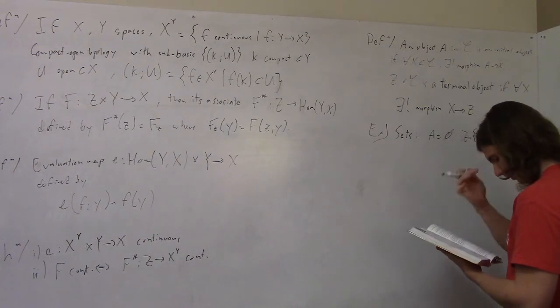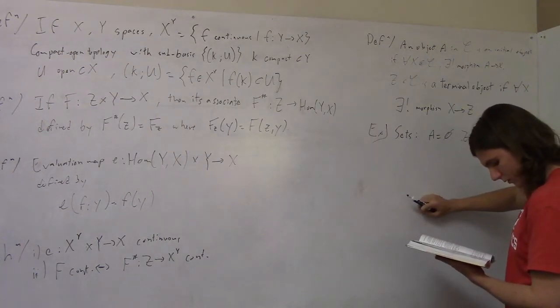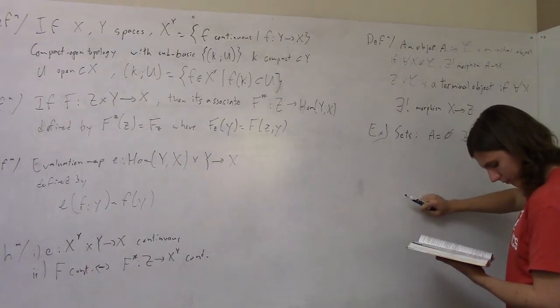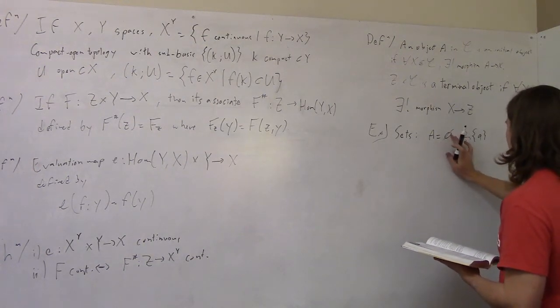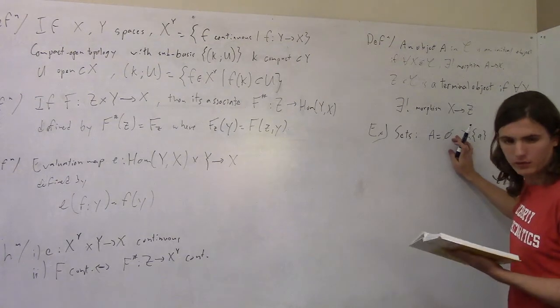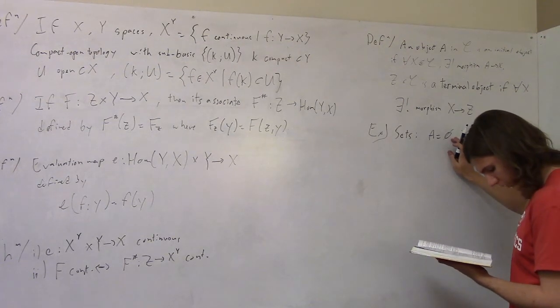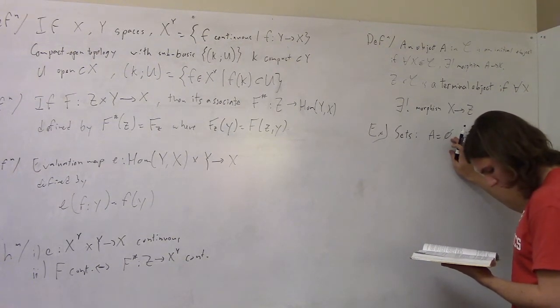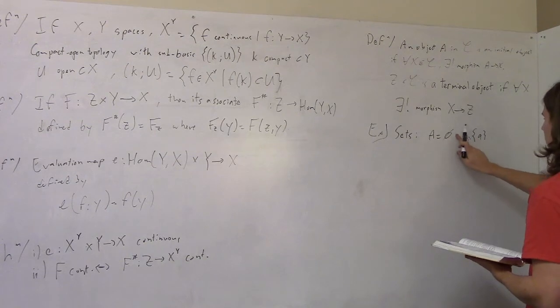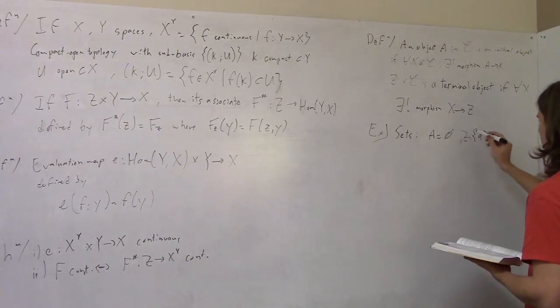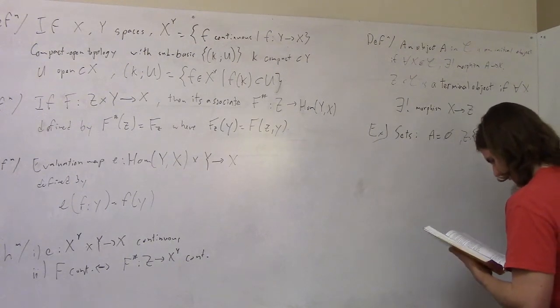Because there's only one function that maps the empty set to any set. And there's only one function that maps something to a point, and that's the function that maps everything to the point.